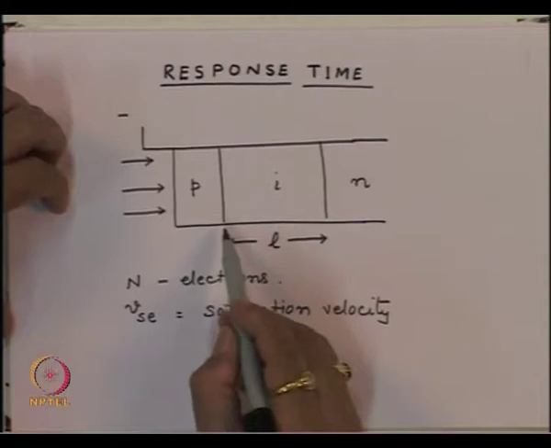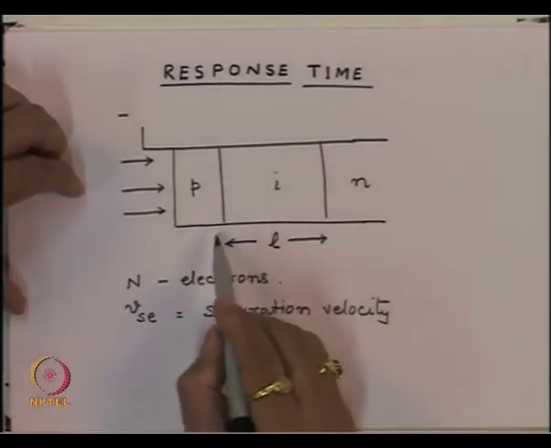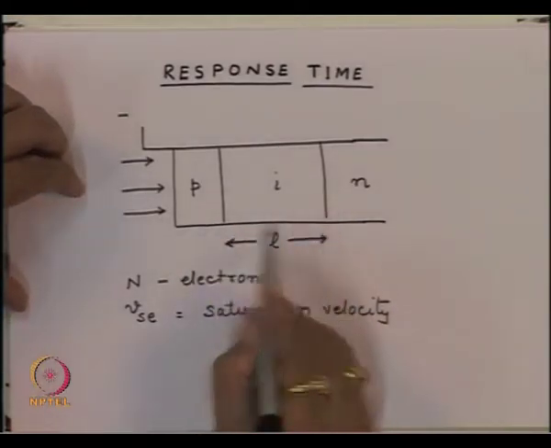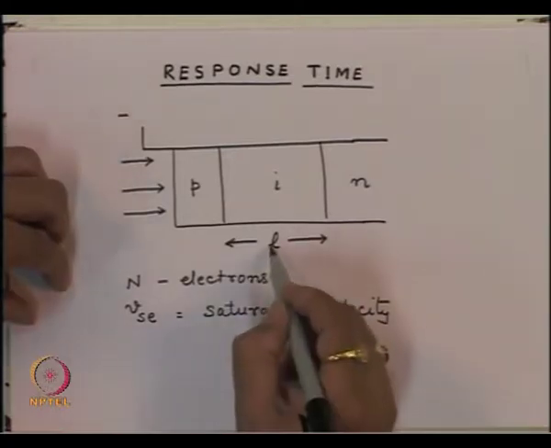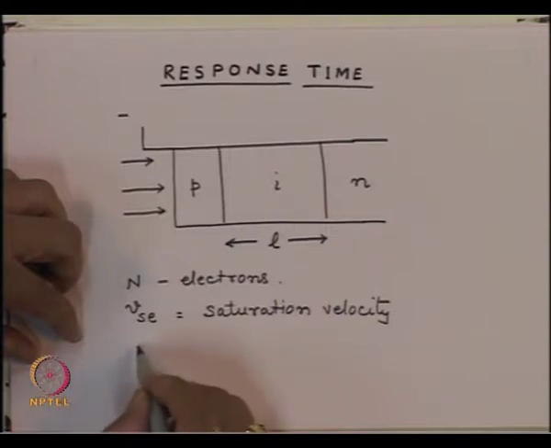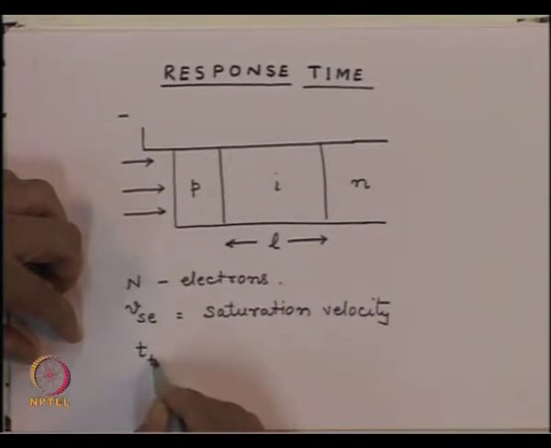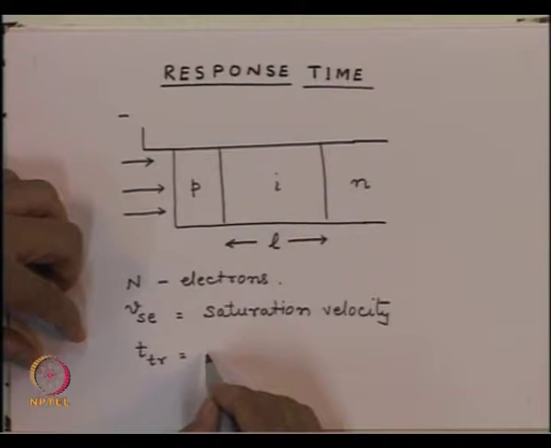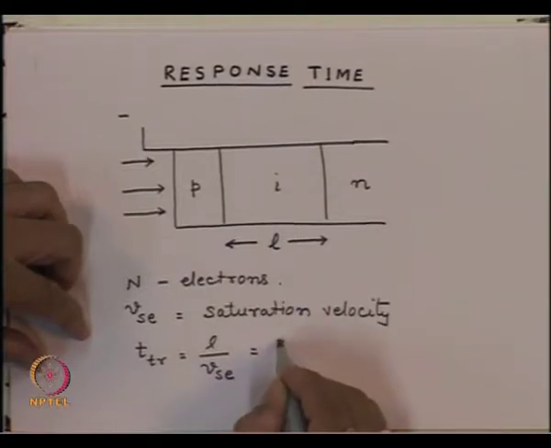The quantity which we call the transit time for the electron to cross this intrinsic layer is nothing but this distance L divided by the saturation velocity. So, we have T transit equal to L divided by VSE, and it is called the transit time.